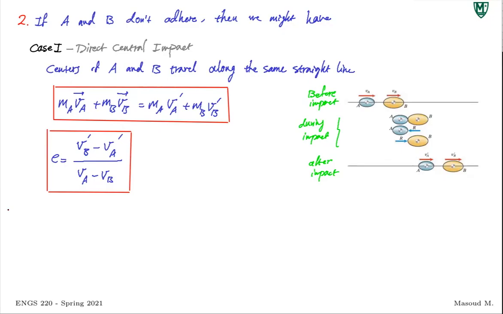Now, this E is called the coefficient of restitution. It really depends on properties of the objects involved in this impact.